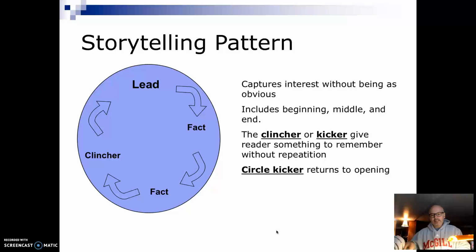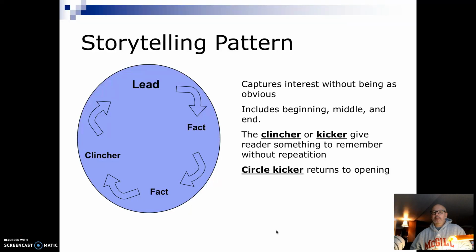So it's not a news event that happened that day or within the last couple of days. It might be something that's going on, or the journalist has spent some time researching this subject. It, just like any story, has a beginning, middle, and end, and it ends with what is called a clincher or a kicker. Gives the reader something to remember.